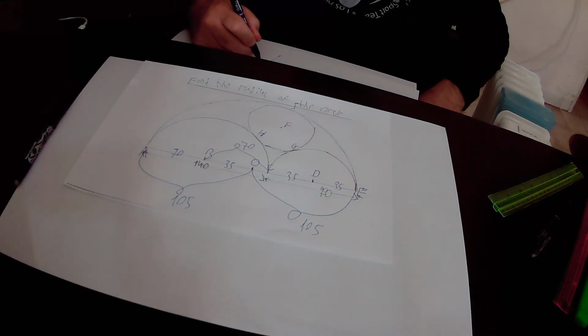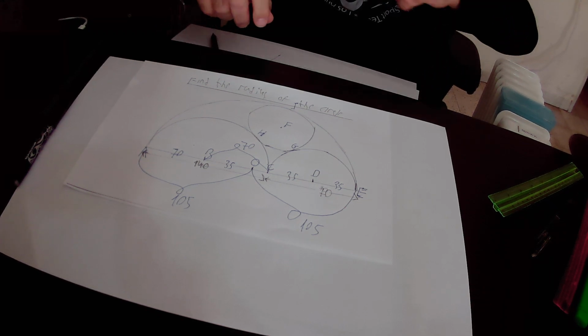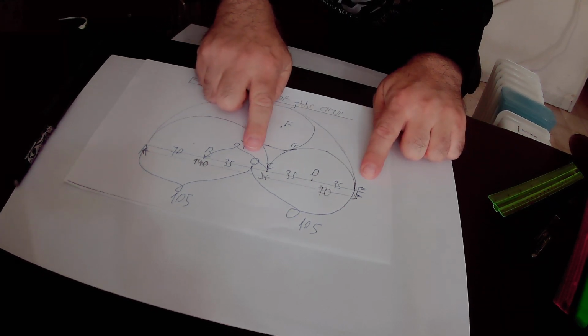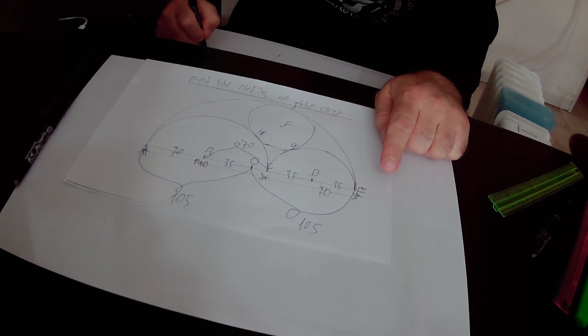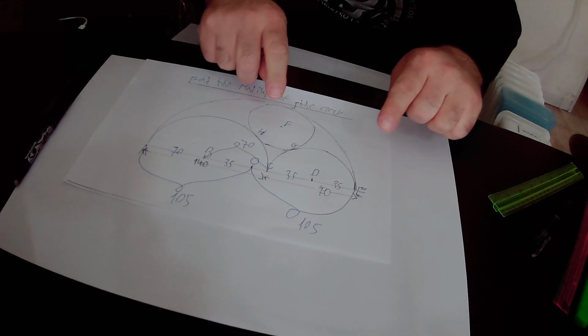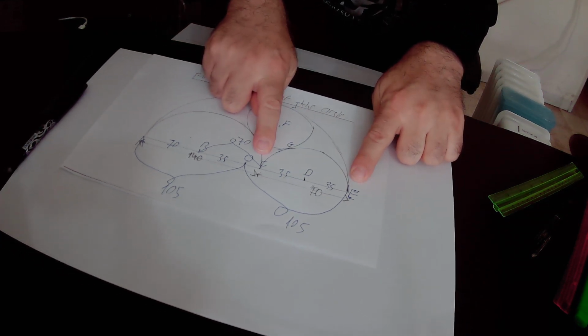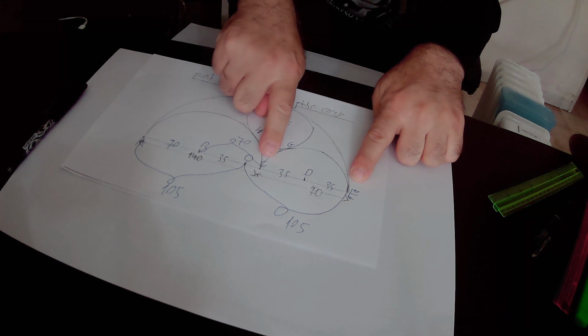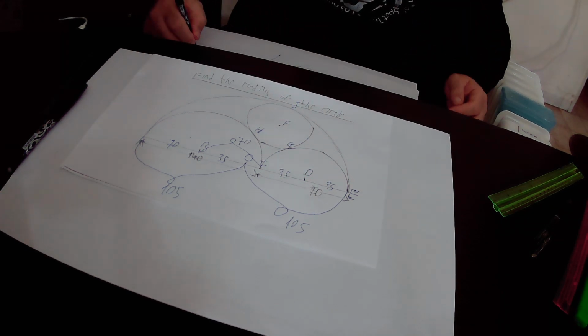So OC equals OE. Here OE is the radius of the biggest semicircle, that is 105, so we substitute OE by 105 minus CE. CE equals 70 units according to what is given in the question, so we substitute CE by 70.